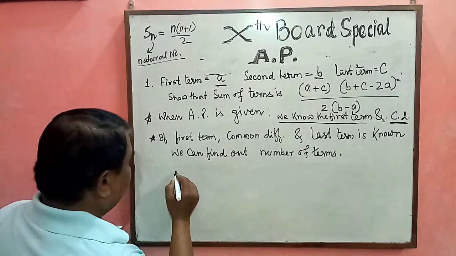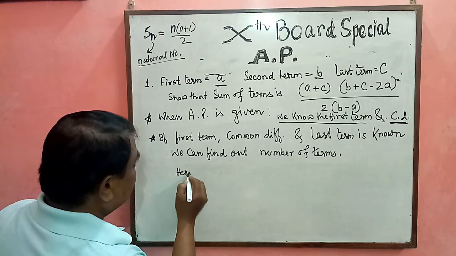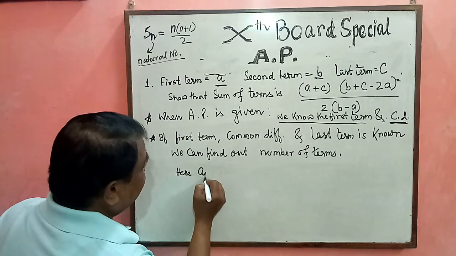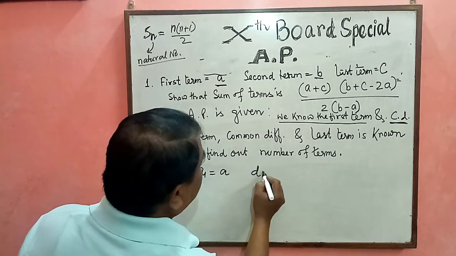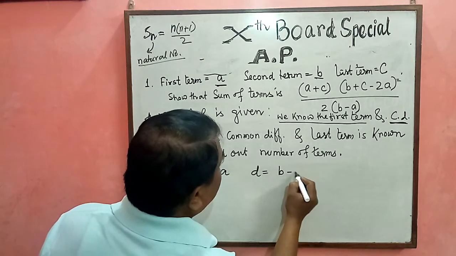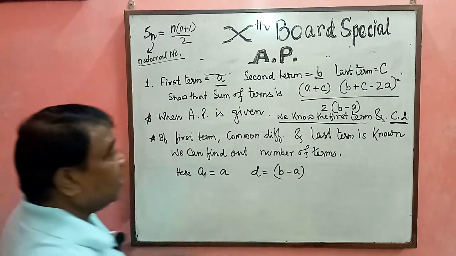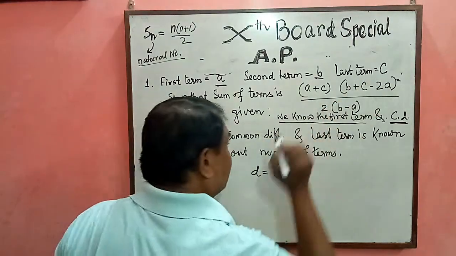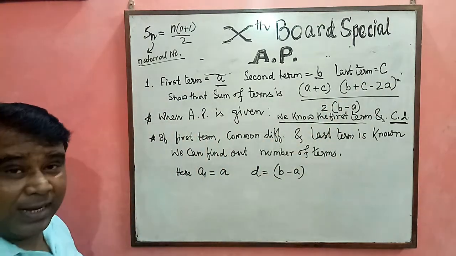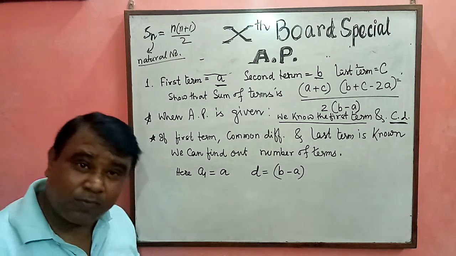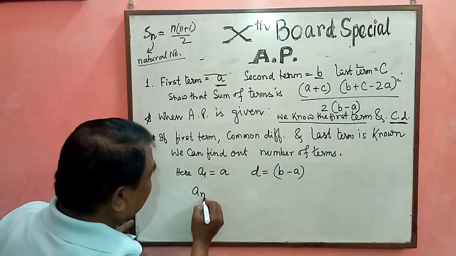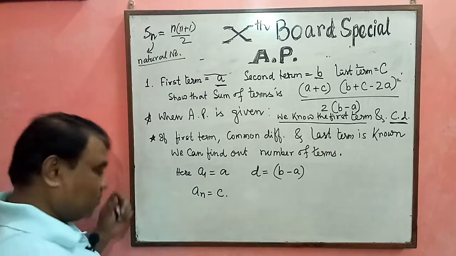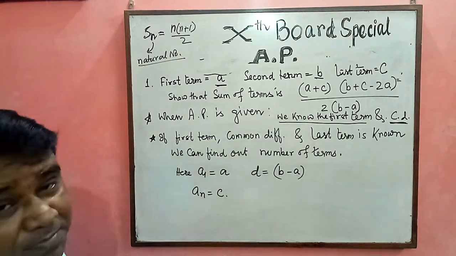So here first term a1 is a, d is equal to second term minus first term, and the last term is c. So we can easily find out the number of terms. Last term c means here an is equal to c. So let the nth term be c.